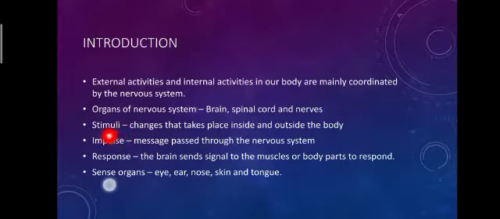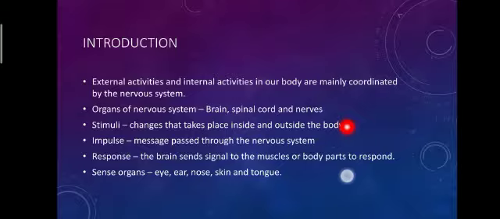Now today, just before starting this chapter, I just want to tell you about three main words which will be used again and again in this chapter. First is stimuli. What is stimuli? Stimuli is nothing but the changes that take place inside and outside the body.